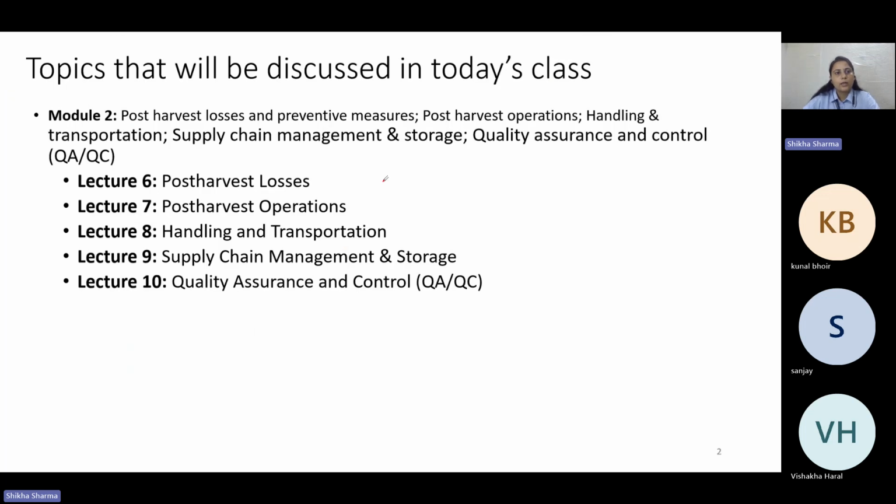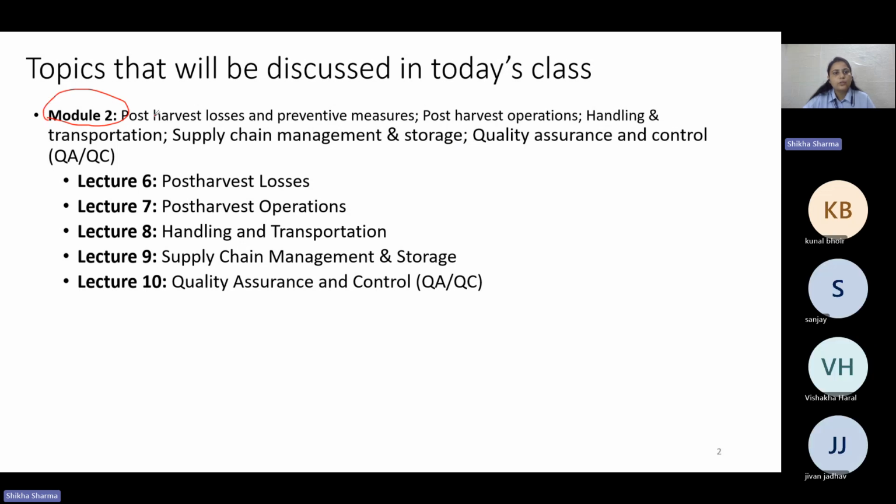These are the topics which we are going to discuss today, which is module 2. It has topics like post-harvest losses and preventive measures, post-harvest operations, handling and transportation, supply chain management and storage, and quality assurance and quality control, QA and QC.